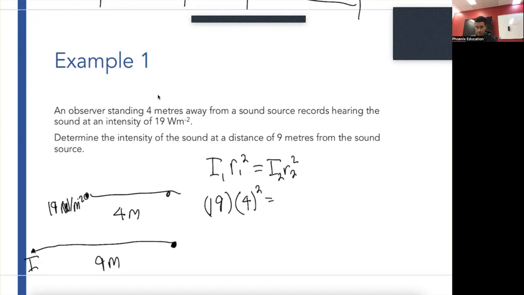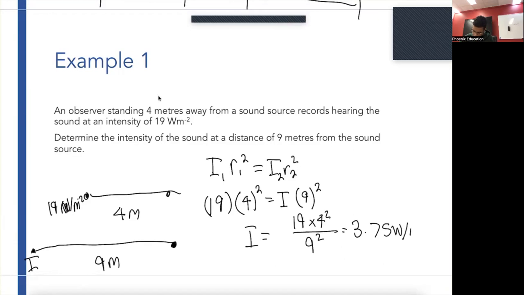For the second case, where it's 9 meters away, we don't know the intensity, so we leave that as I, but we do know the distance, 9 squared. Simply rearrange: 19 times 4 squared over 9 squared. You plug this into your calculator, and you should get 3.75 watts per meter squared.